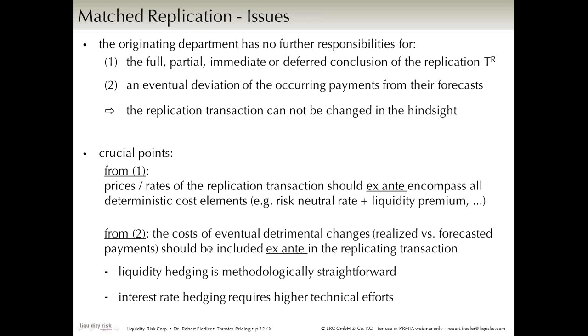And if they deviate, then the costs of eventual detrimental changes, the difference between realized and forecasted payments, should also be included ex ante in the replication transaction. Okay, now for liquidity hedging, this is straightforward. For interest rate hedging, we have more technical efforts.